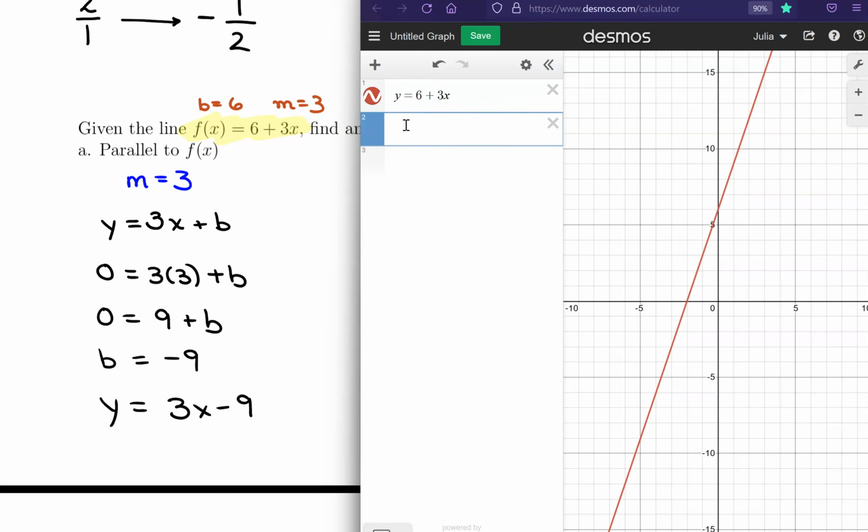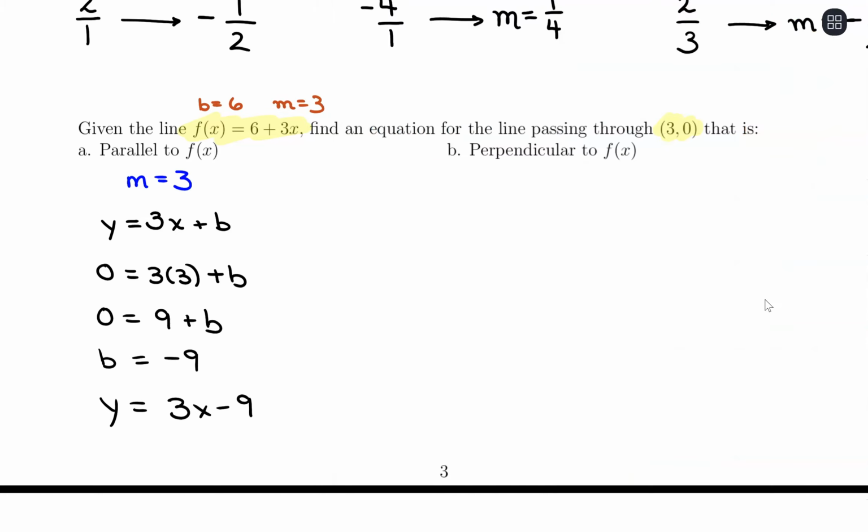Then I'll graph the second equation, y equals 3x minus 9. What I should see is that they're parallel, with the same slope, so they never intersect. And I want to make sure that 3x minus 9 goes through positive (3, 0), which it does right there. So that's perfect. Our final answer is y equals 3x minus 9.